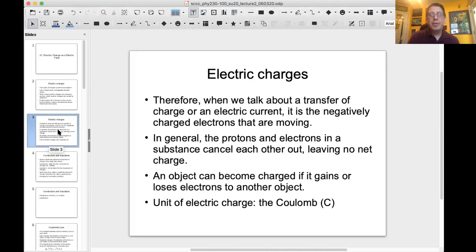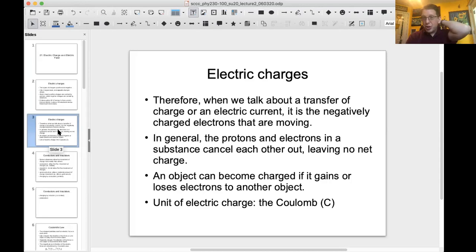So in general, protons and electrons cancel each other out, leaving no net charge. The electrical force over small distances is much, much, much stronger than the gravitational force. But as you get to a bigger and bigger size scale, the electrical forces tend to cancel each other out, and what you're left with is gravity at the big scale.